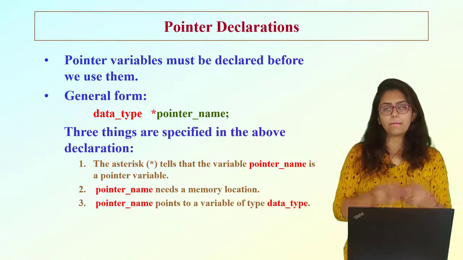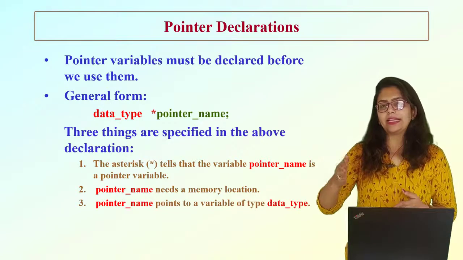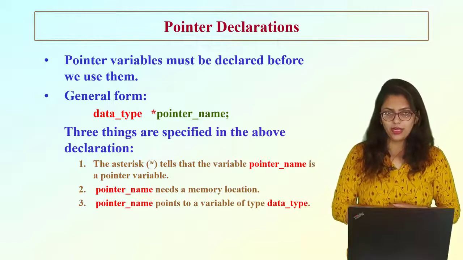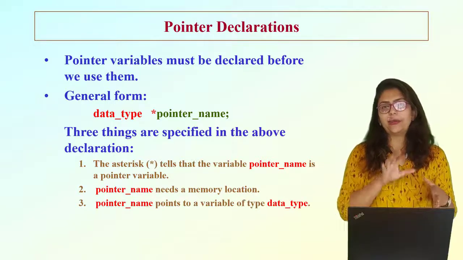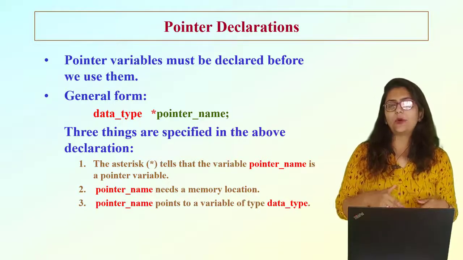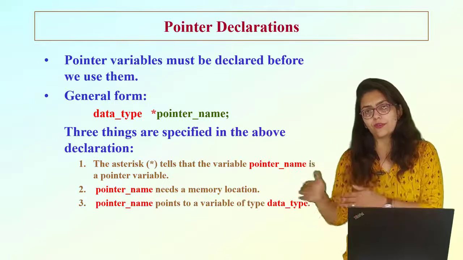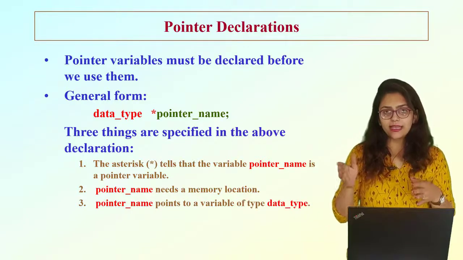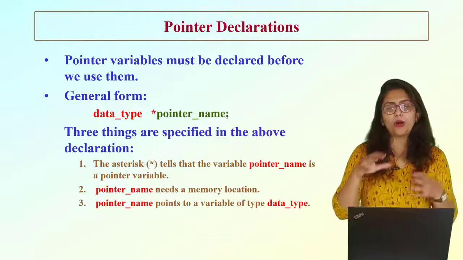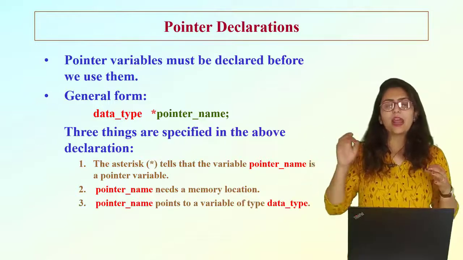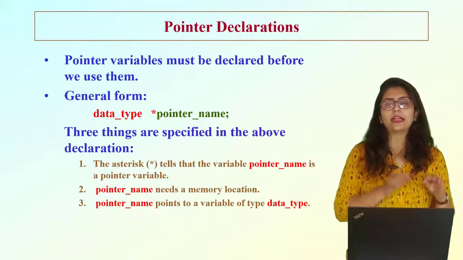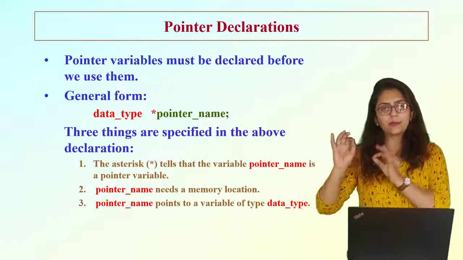The pointer points to a variable of a given data type. Suppose my pointer is pointing to an integer variable, then the data type of my pointer will be integer. Suppose it is pointing to a float variable. If xyz is integer, you write int *p. If xyz is float, you write float *p.